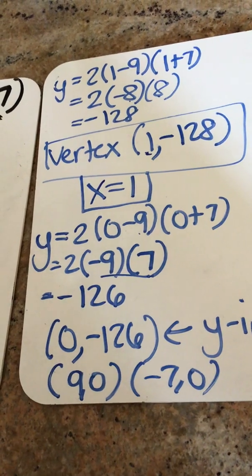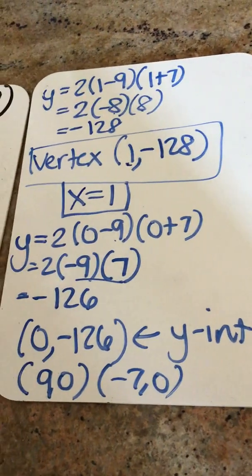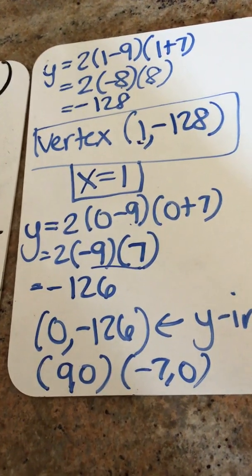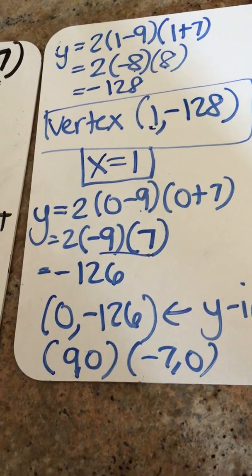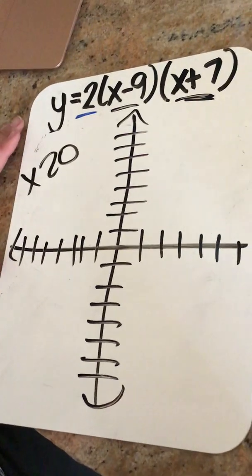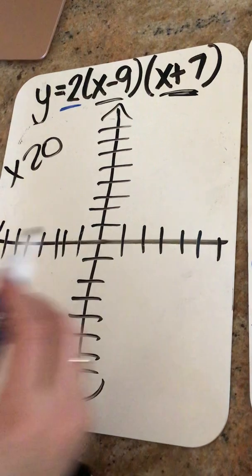And all you have to do is write what you're going by on the side for me, okay? So I know what you're going by, and then I can figure out if your graph is correct. So I'm going to go ahead and go by 20s, okay? So I have the point (1, -128) for my vertex.